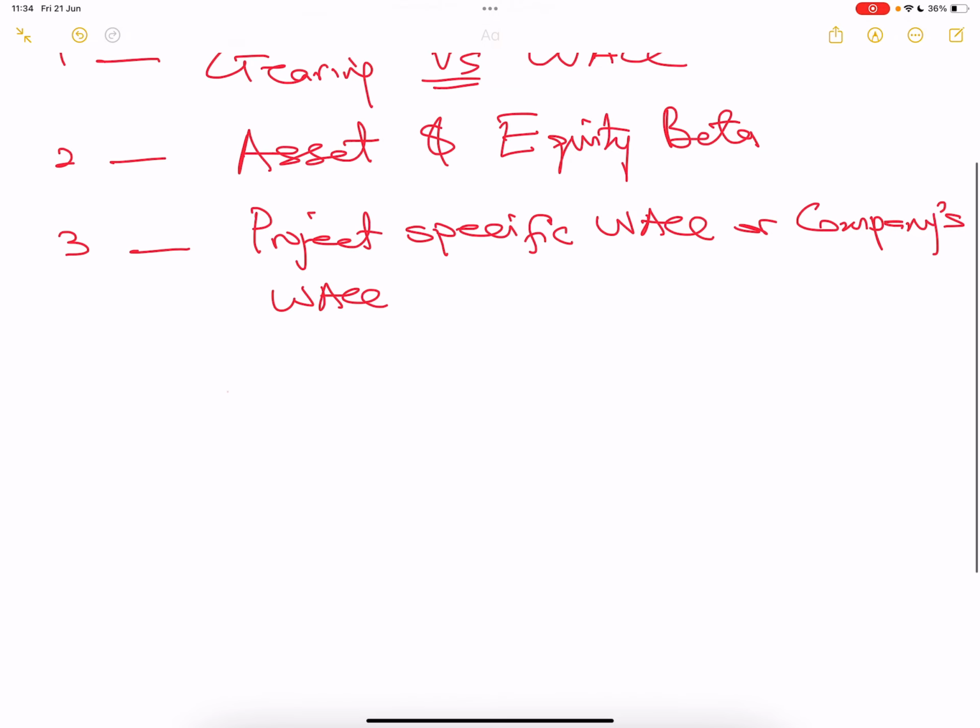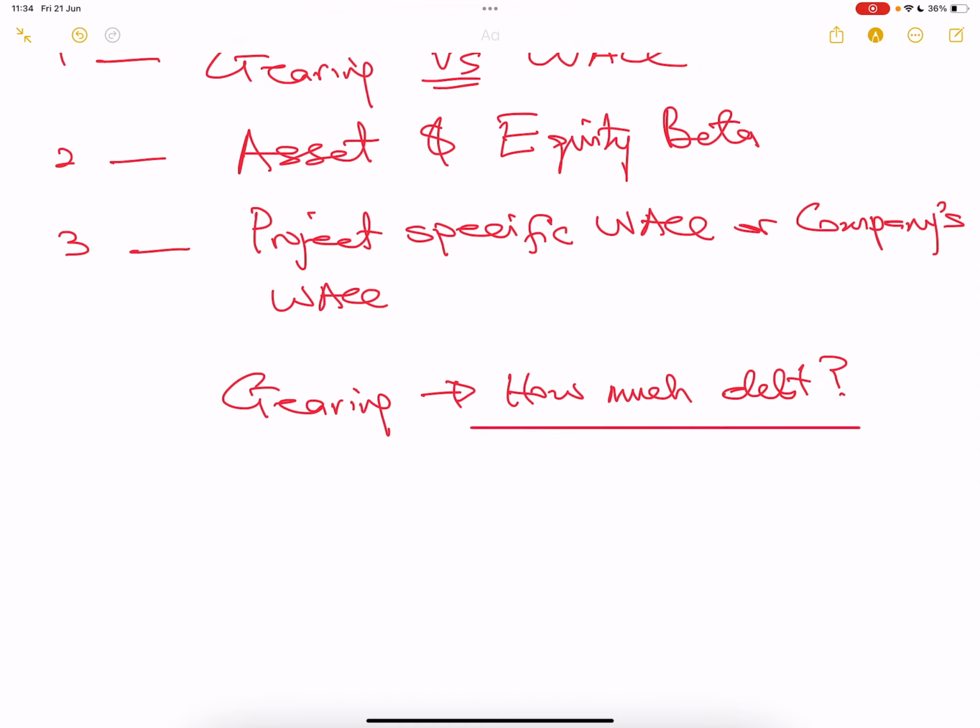Gearing and WACC. What is gearing? Gearing only shows how much debt a company has. It's about how much debt you have. Sometimes you say it relative to total capital.